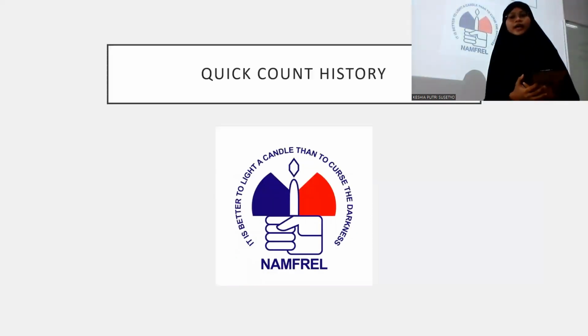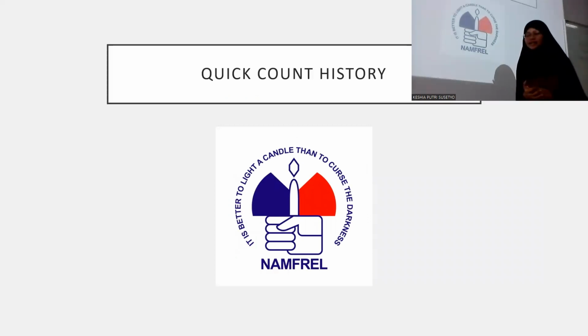So if we look back at the historical context, quick count was first used in 1966 by an institution in the Philippines, which is called NAMFREL, which stands for National Citizen Movement for Free Election.